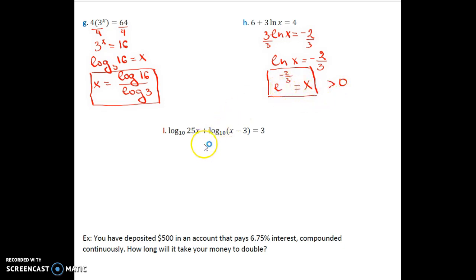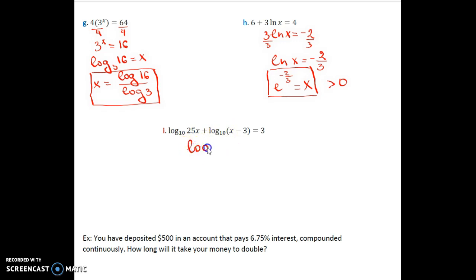And then for the last problem, you have the log base 10 of 25x plus the log base 10 of x minus 3 is equal to 3. Well, I have 2 logarithms, and I have another number. It looks like I need to use the properties of logarithms to combine those two together. I will not be writing the base 10 because this is our common log.